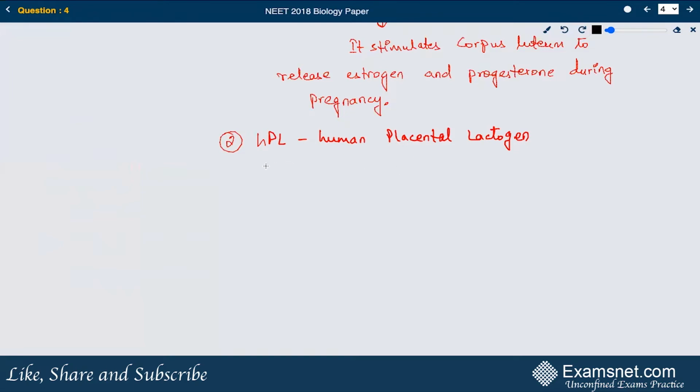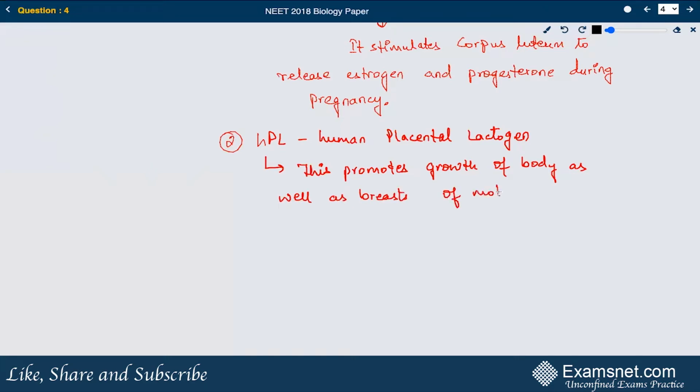All right. So this promotes growth of body as well as breasts of mother. All right, so that is the case.